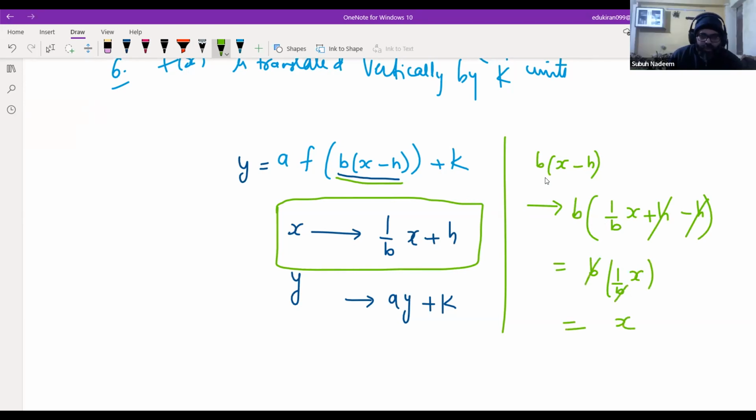So the input will be the same as x if you replace x by 1 by b x plus h. Then finally you will get x.